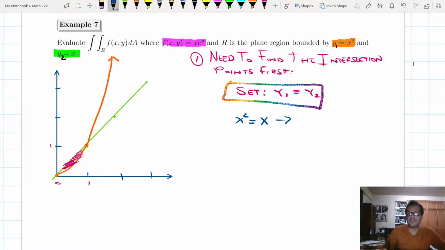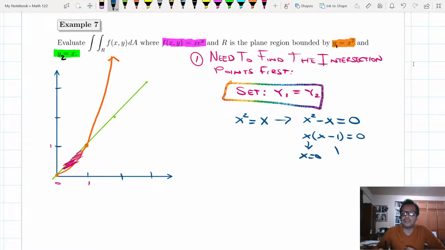This will give rise to x squared minus x. Move all the terms to the left-hand side, because in this case we have a second degree equation, a quadratic equation. And we don't need the quadratic formula. It's enough to just factor out x and solve this equation by factoring, right? And this is how we get that x equals 0 and x equals 1.